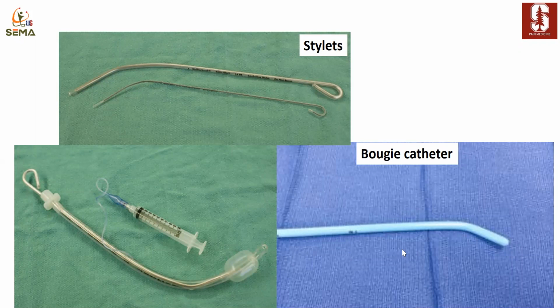Bougie is something very cheap but a very, very valuable piece of equipment, especially when you are dealing with grade 2A and 2B, mainly B actually, and even 3 difficult intubation, because you can literally pass this below the tip of the epiglottis, and you feel it when it touches the tracheal cartilages, and then you slide the tube over it.